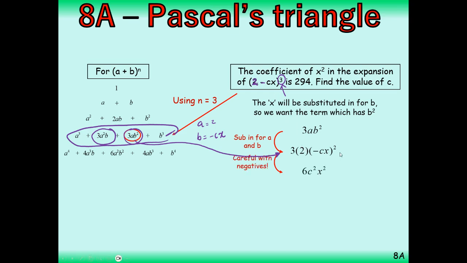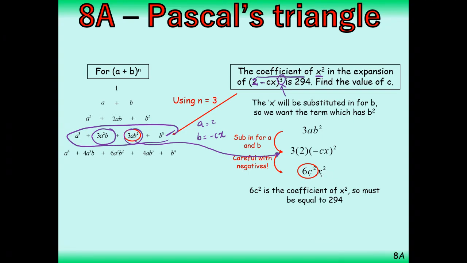Now all we have to do is set this equal to 294 and solve it. The x, we can drop it off because we're just dealing with coefficients. So you can just ignore it, we're not solving an equation here yet.